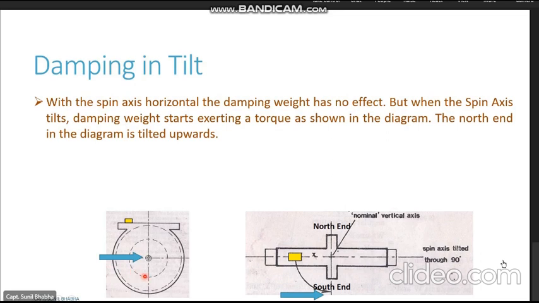Now we know our rotor is spinning in the anti-clockwise direction. Looking from the south end, it is spinning anti-clockwise. So let me show you the direction of the spin and we will then see how this force actually moves the spin axis based on the gyroscopic precession.